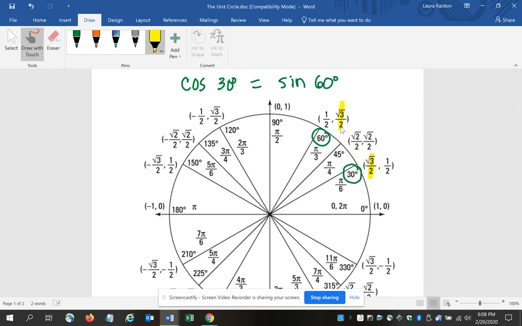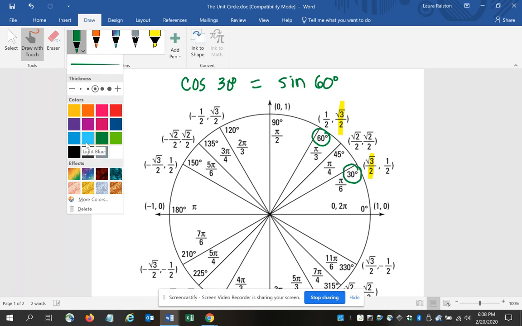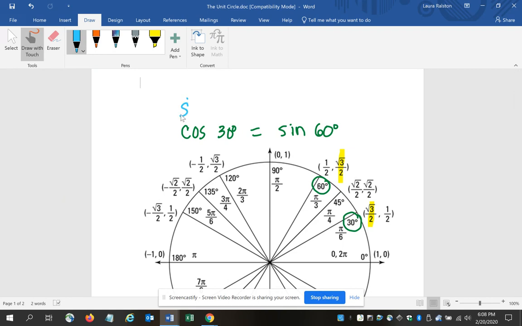The sine corresponds to the y-coordinate, so you can see visually that those two angles are complementary. We could also say that the sine of 30 degrees is the same as the cosine of 60 degrees.